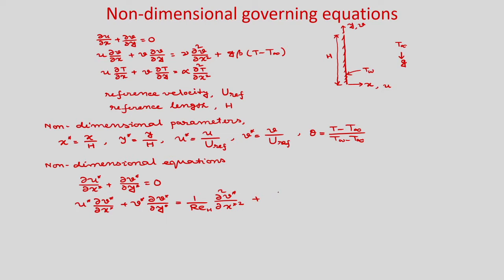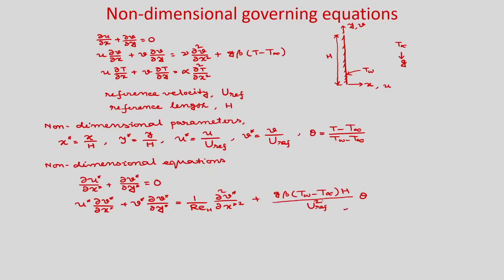If you put all these things and rearrange, you will get g beta (T w minus T infinity) h divided by u reference square into theta. So, using these non dimensional parameters in the momentum equation and rearranging, you get the viscous term with 1 by Reynolds number, and the buoyancy term like this. We will simplify it later.